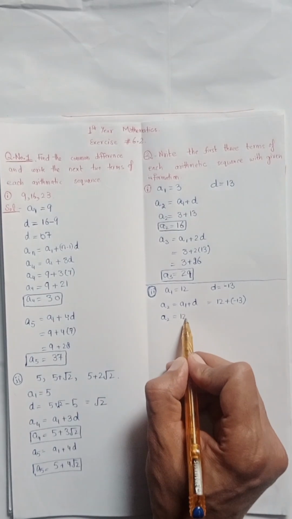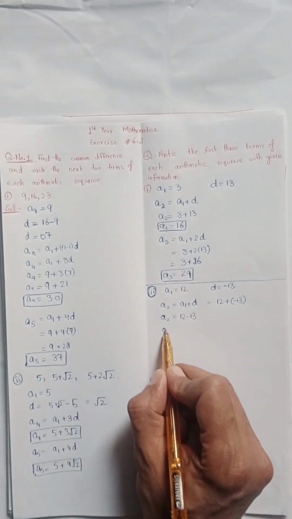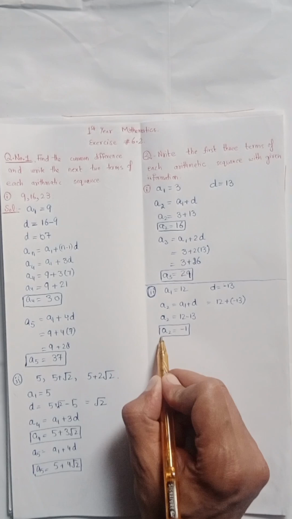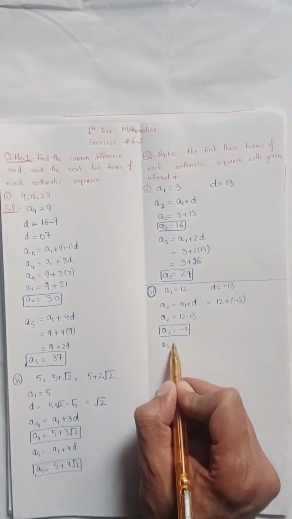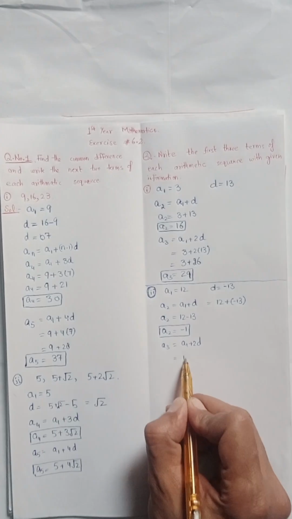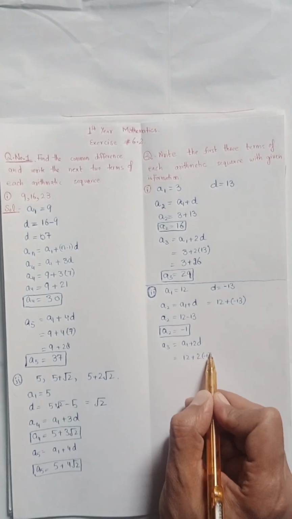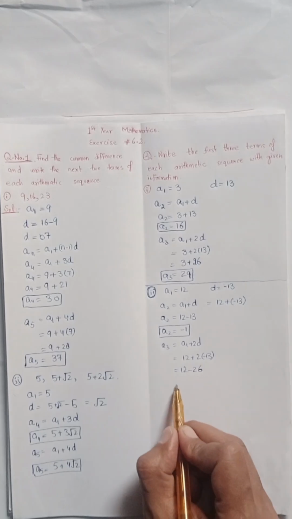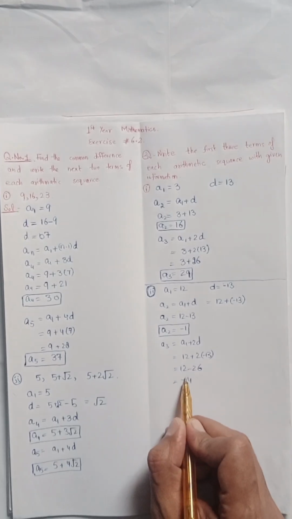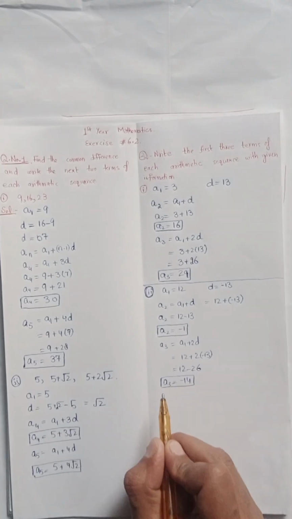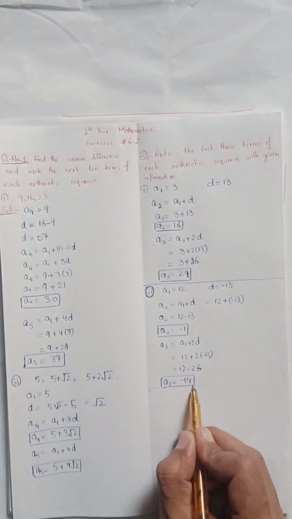A2 equals 12 minus 13. A2 equals minus 1. And A3 equals A1 plus 2D, 12 plus 2 into minus 13, 12 minus 26, minus 14. A3 equals minus 14.